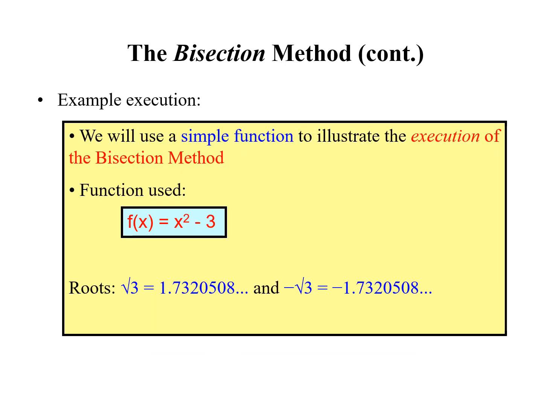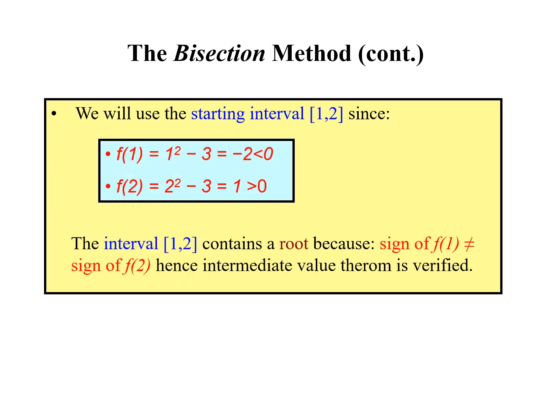For example, we can illustrate the bisection method with the function f(x) equal to x squared minus 3. Here the roots are root 3 and minus root 3, that is 1.732 and minus 1.732. We can assume the starting interval as [1, 2].